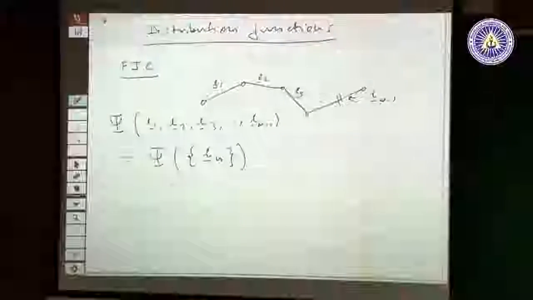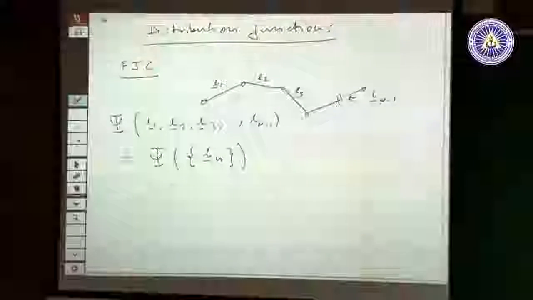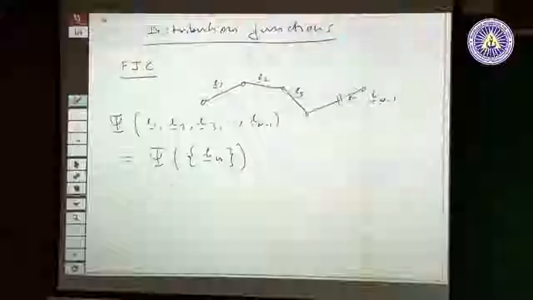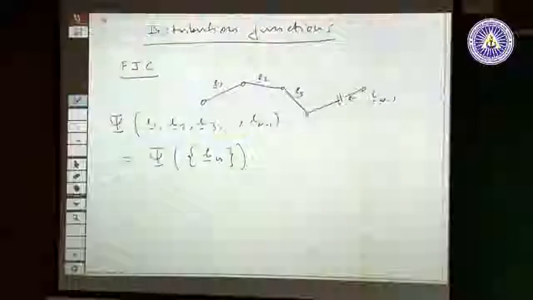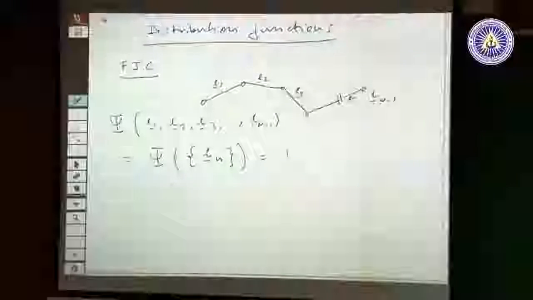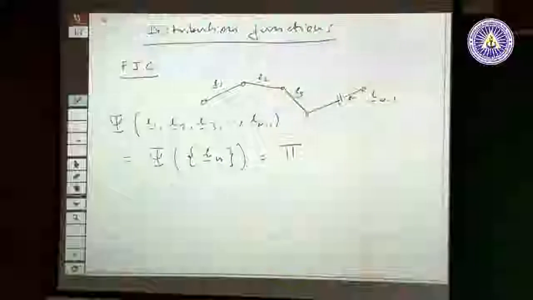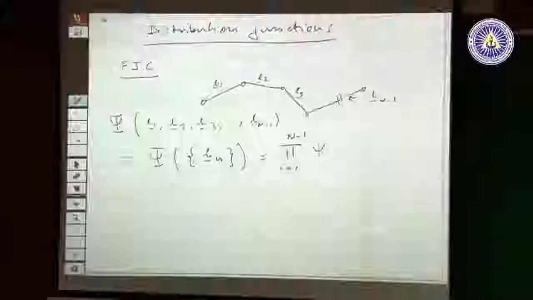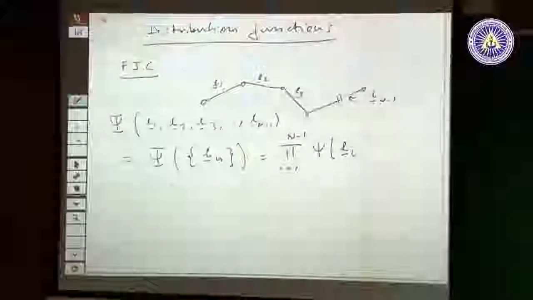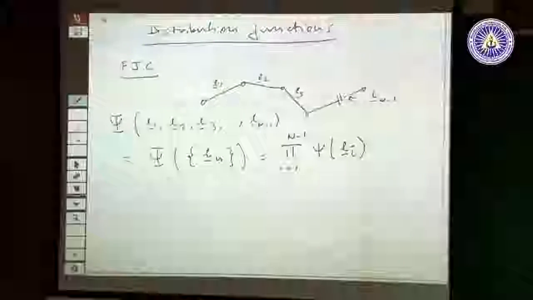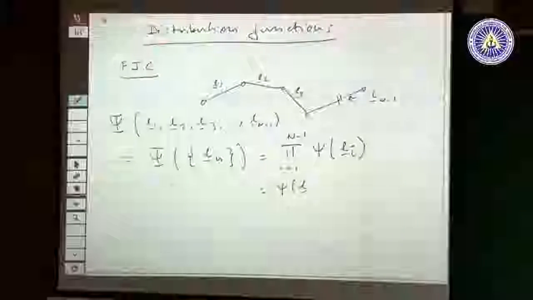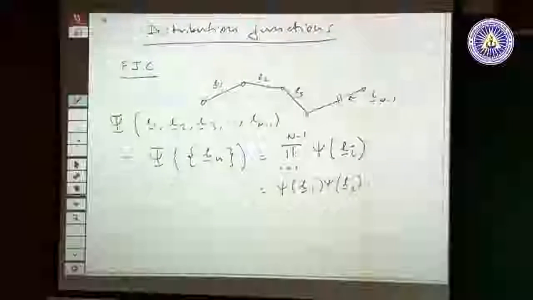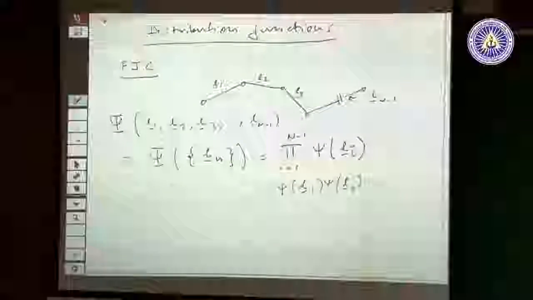Because their orientations are completely independent of each other, we can decompose this distribution function into a product of n minus 1 distribution functions. This would be the product from i equals 1 to n minus 1 of psi of Li. If I were to expand it, this is psi L1 times psi L2 times all the way on.